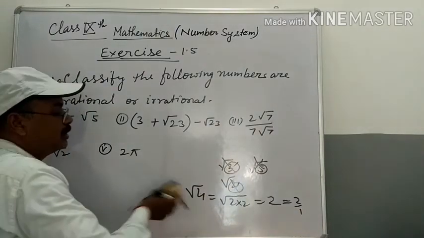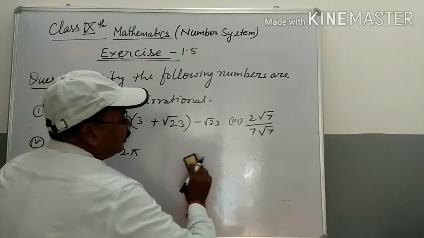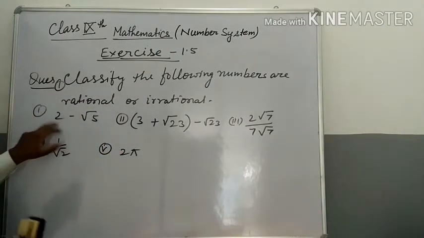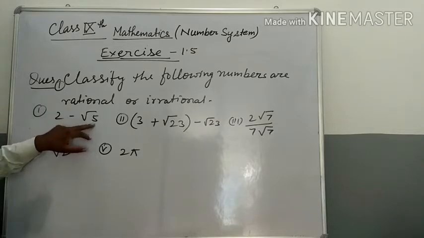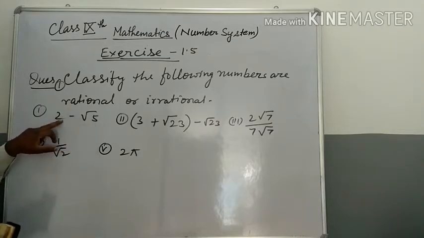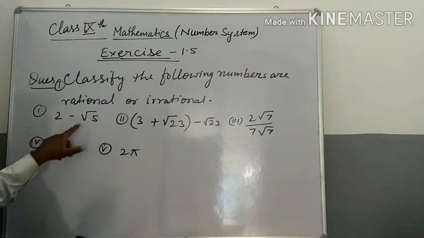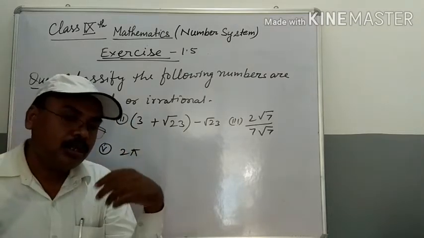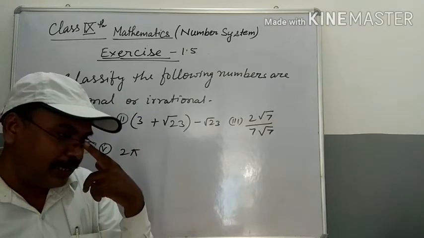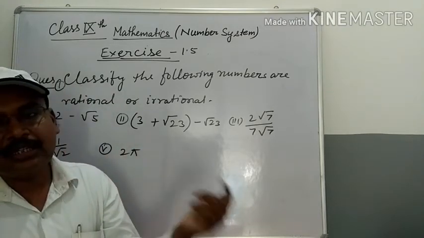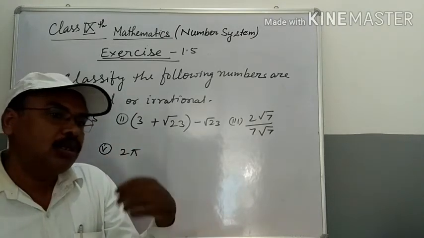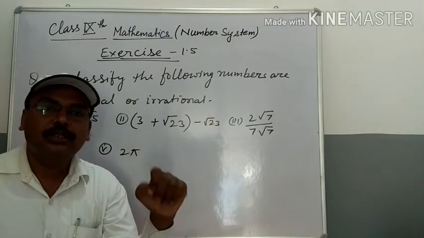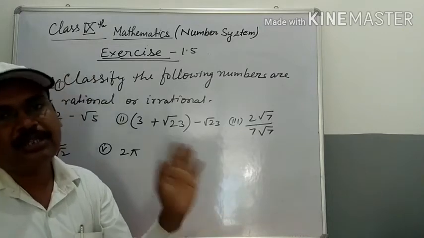In the form of P upon Q, it means this is a rational number. In Hindi, you can see the first question: 2 is a rational number and under root 5 is an irrational number. If an irrational number is added to or subtracted from any rational number, students, the result will be an irrational number.